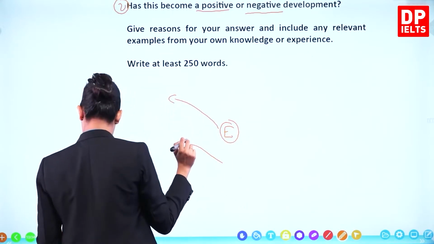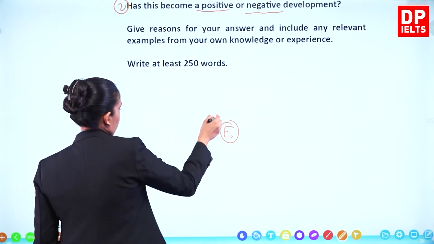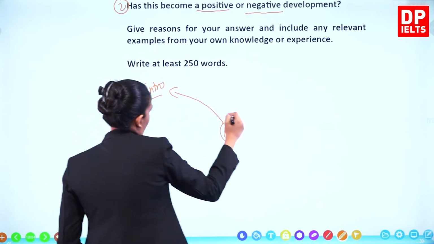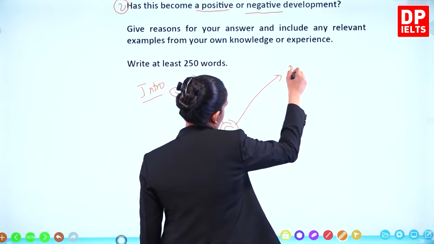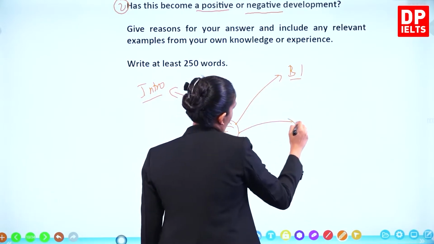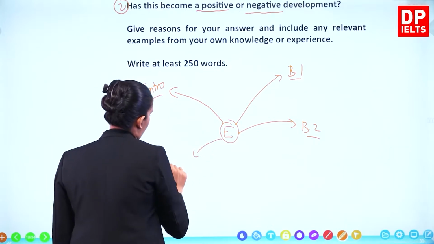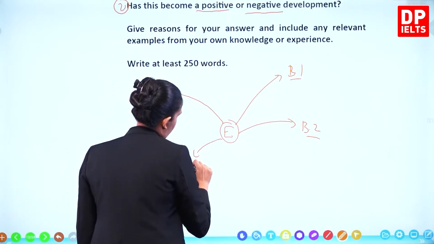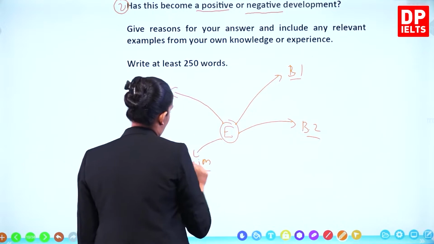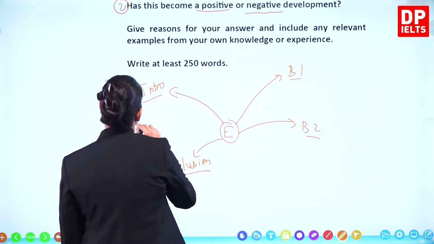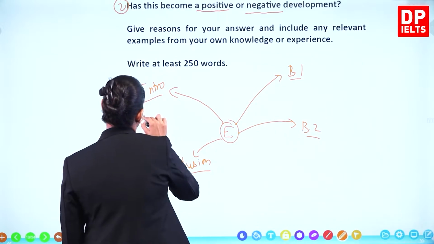Let's write. So we're going to write our intro, and then we have our body 1, then I have my body 2, and then I have our conclusion. Right, so in the intro you kind of paraphrase the question.